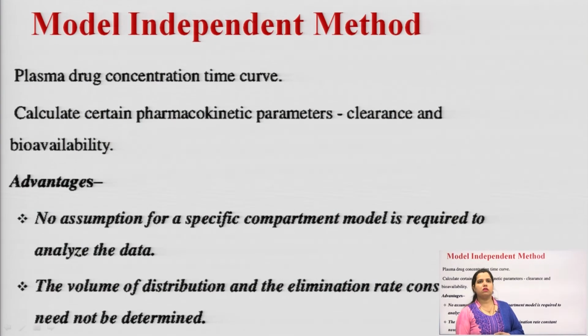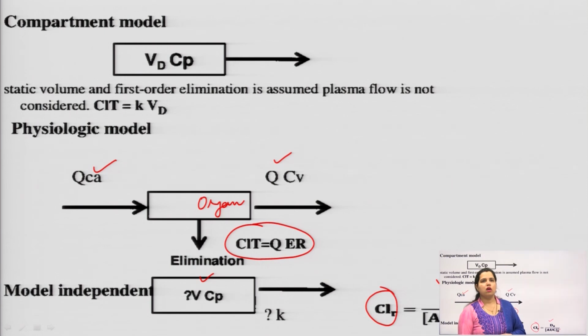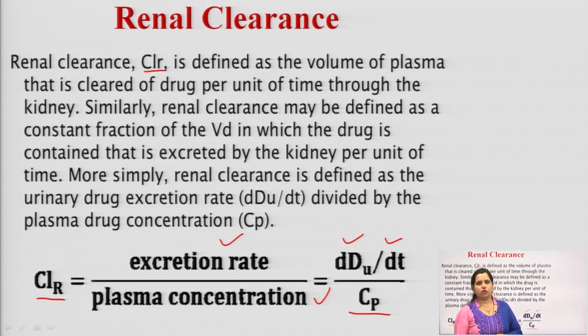The basic difference in the models is that in the compartment model, static volume and first order elimination are assumed and plasma flow is not considered, whereas in physiologic models we take the blood flow in the particular organ and the extraction ratio, and in model independent we do not assume elimination rate constant and volume of distribution, and we can use different equations to calculate the clearances.